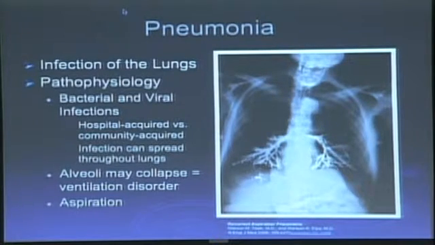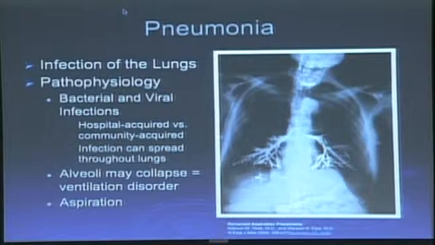So if you get a staph, or even a strep pneumonia, about 40% of strep pneumonia is now resistant to penicillins and penicillin-like drugs. So we need to treat with 2 different drugs.